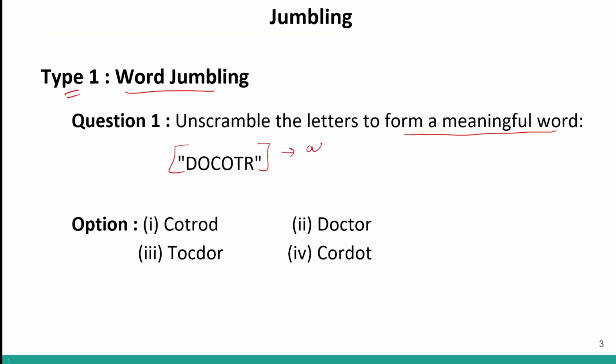We have to make sure that all letters are used, and that all letters are used only once. So these two things we have to keep in mind. First, all the letters should be used, and second, all the letters should be used only once.